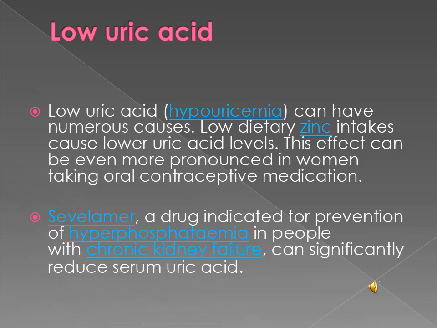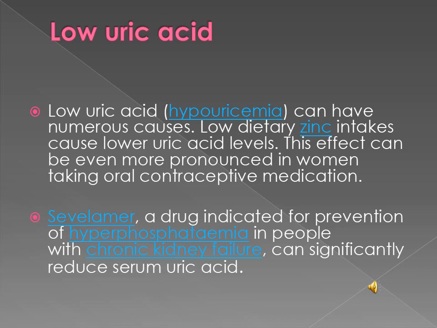Low uric acid, that means hypouricemia, can have numerous causes. Low dietary zinc intake causes lower uric acid level. This effect can be even more pronounced in women taking oral contraceptive medication, which decreases uric acid levels.